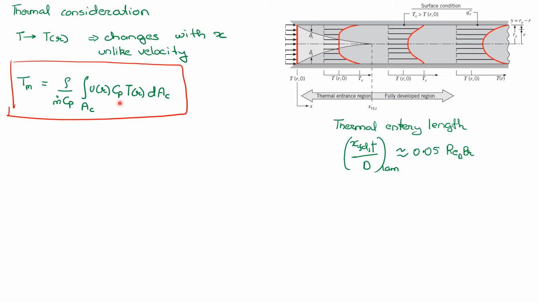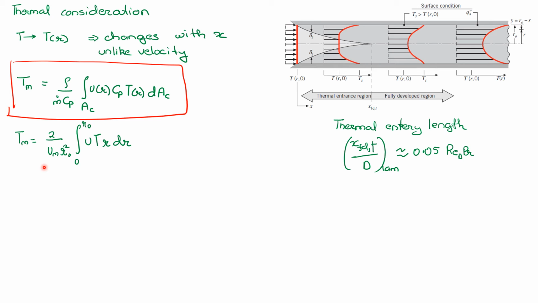So we are looking at a particular location. So our mean temperature here is a function of velocity and temperature, whereas our mean velocity was just a function of u of r. So that's one difference.